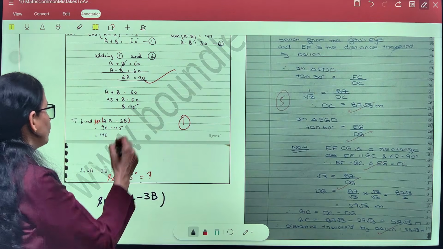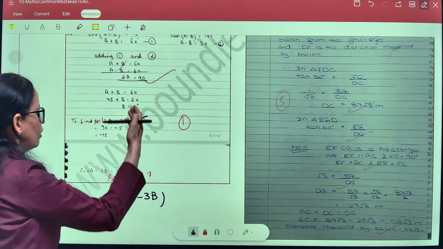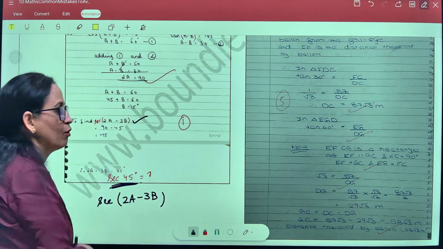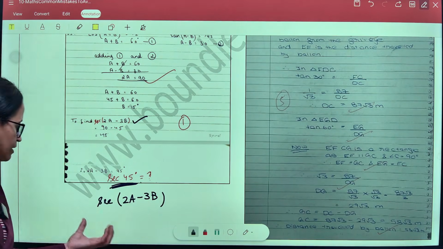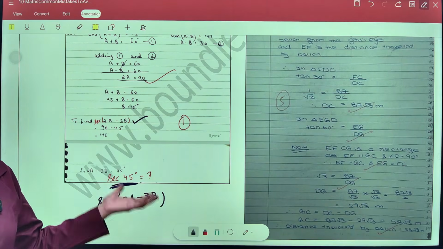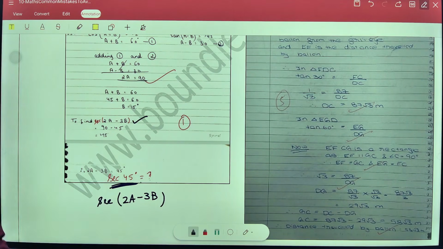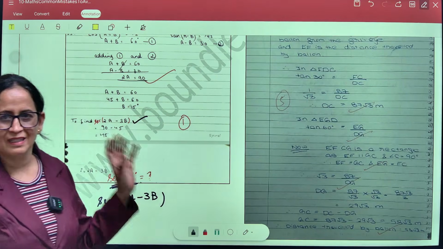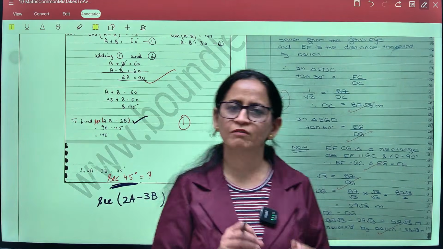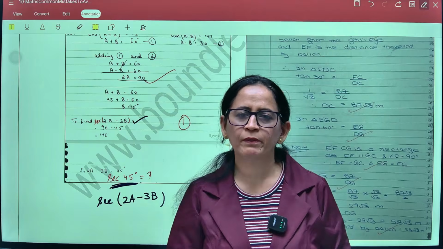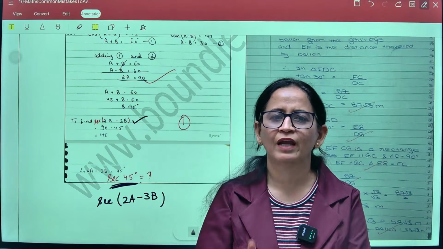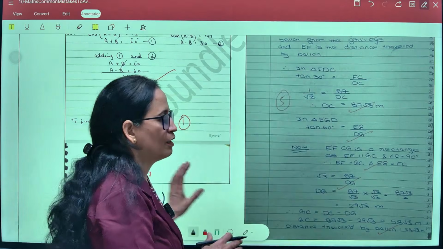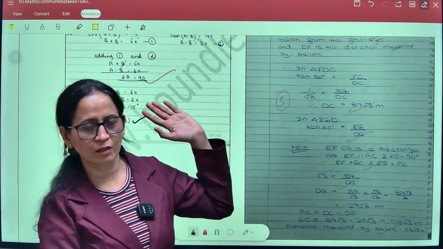Now here, if you correctly calculate what is A, what is B, what is 2A minus 3B, but you forget to find the value of sec 45, that is sec(2A minus 3B), which is what was asked in the question, again, you will lose marks because you have not done the last step. It's something like you solve an equation, find the value of x, find the value of y, but you forget that you were asked to write the fraction. So it has to be in the form of x upon y. So write the final answer as per what is being asked in the question.